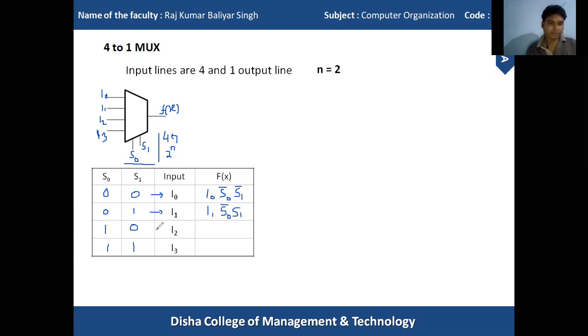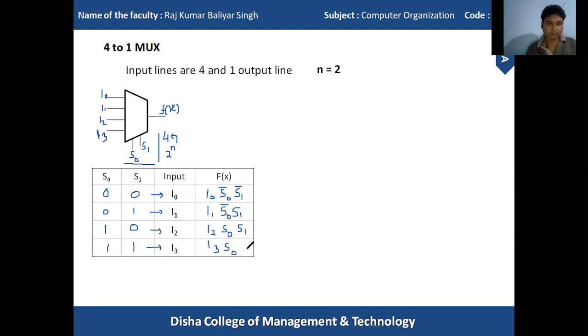For the next sequence, let's say I2 is active: I2, S0 and S1-not. And for the last combination I have I3 as my input value, with S0 and S1.